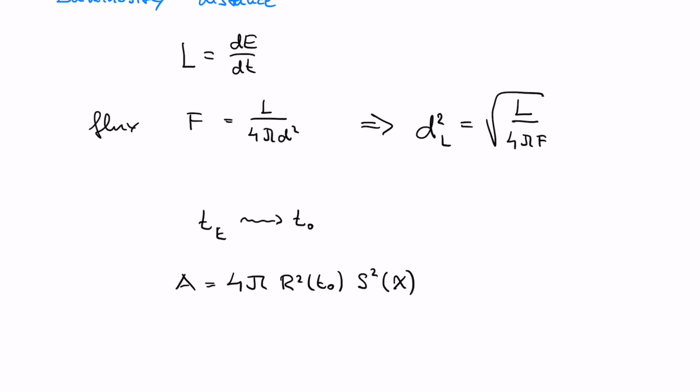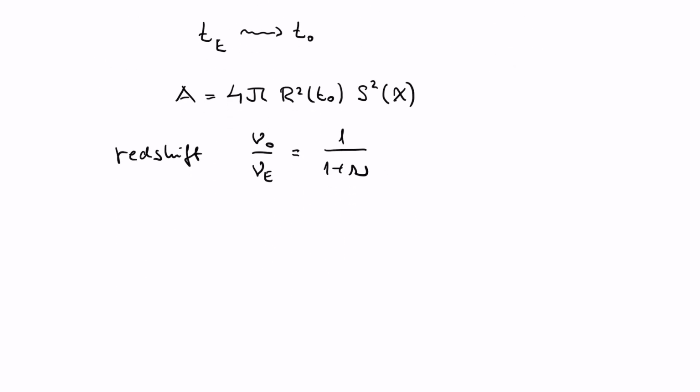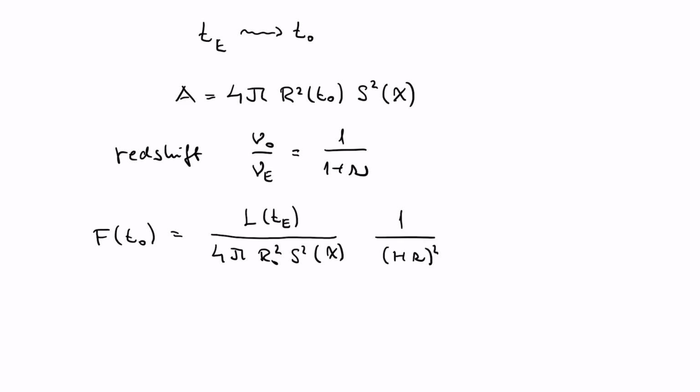But there is another factor which decreases the received energy. Each photon is redshifted by the factor 1 over 1 plus z. This is the observed over the emitted frequency. And by the same factor, also the arrival rate is decreased. So altogether, we have this flux. And so for the luminosity distance, we derive this.